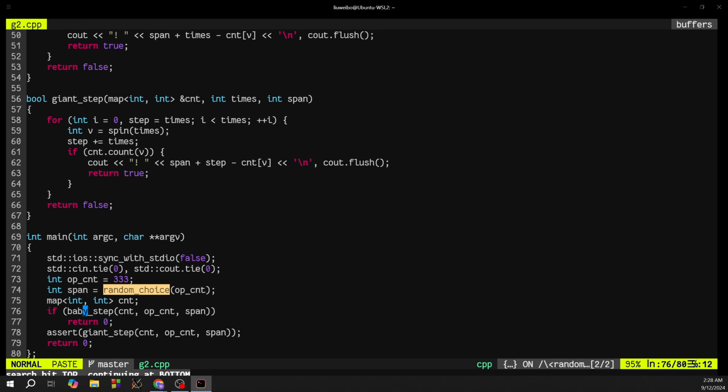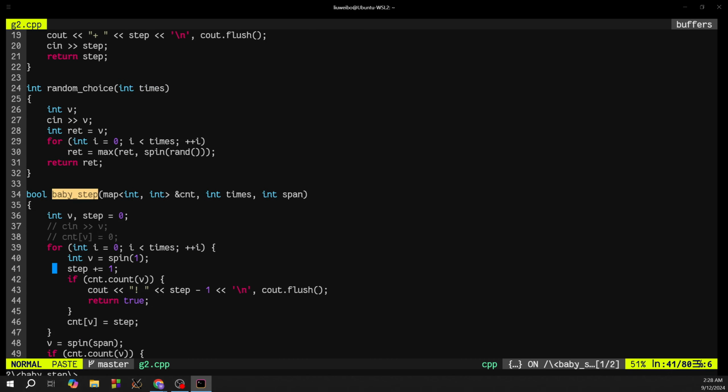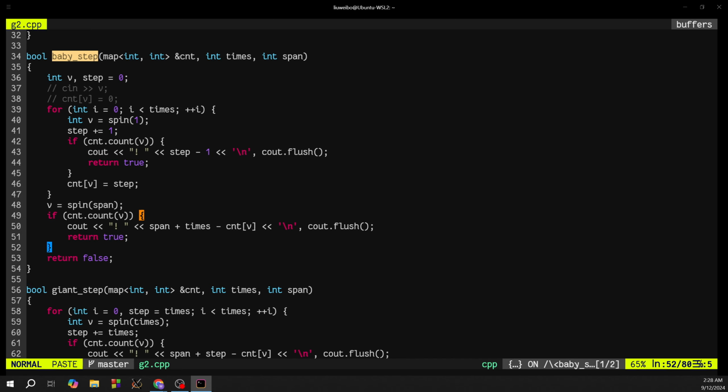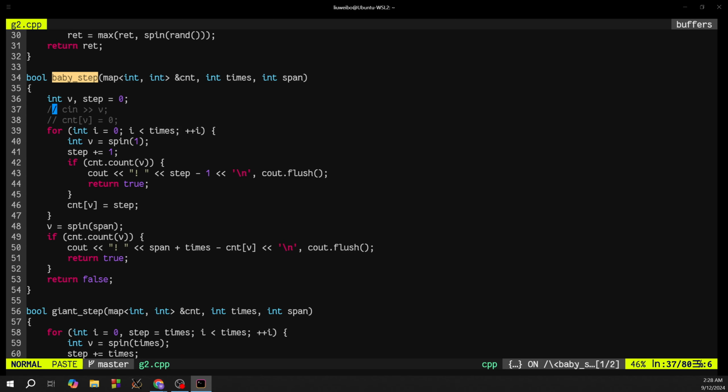Then we do the baby step. Baby step is slightly different from the previous one. At the beginning, we don't read, because this first read has been done at the random step.